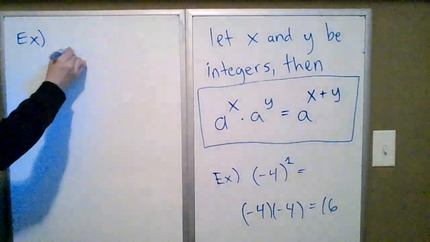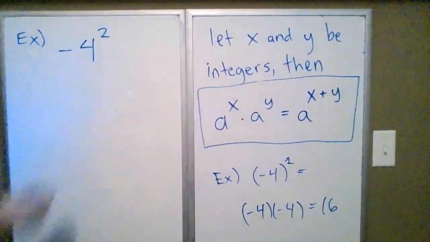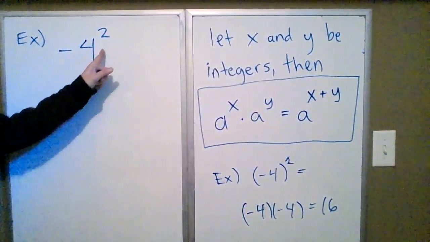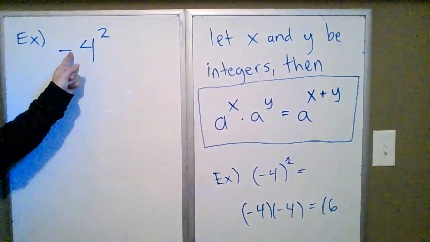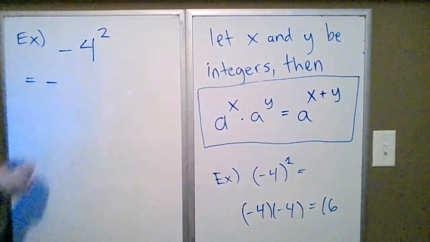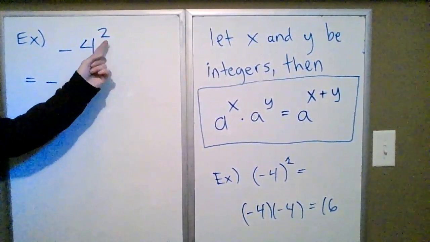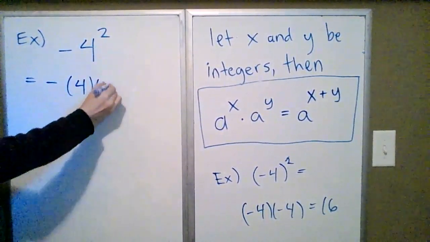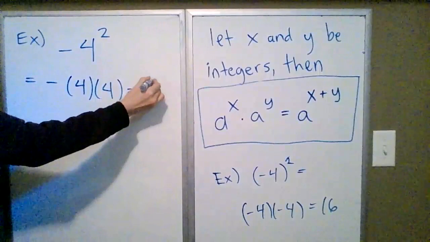This time it's -4 squared, no parentheses. So the power is on 4 and not on the negative sign. So you would copy this negative down, then take 4 and multiply it with itself 2 times. So this time we have -16.